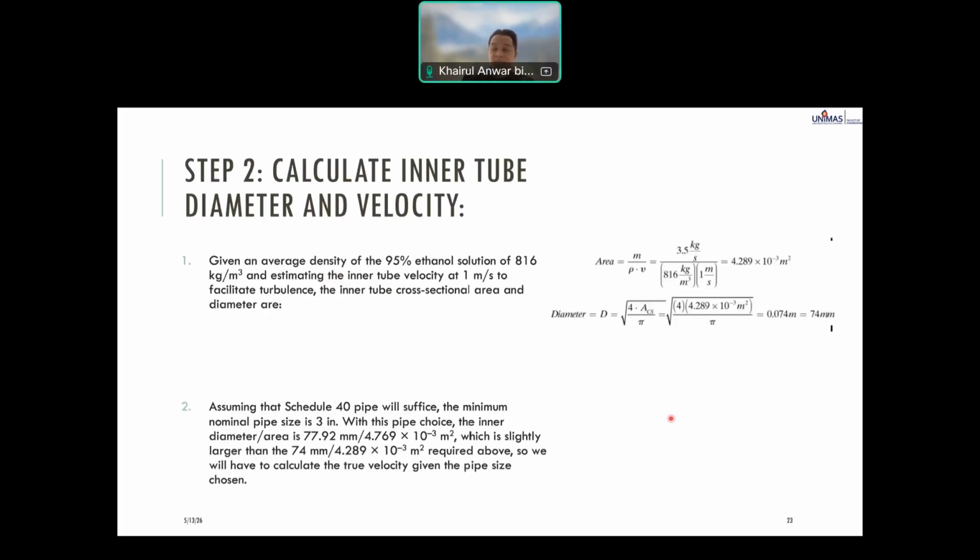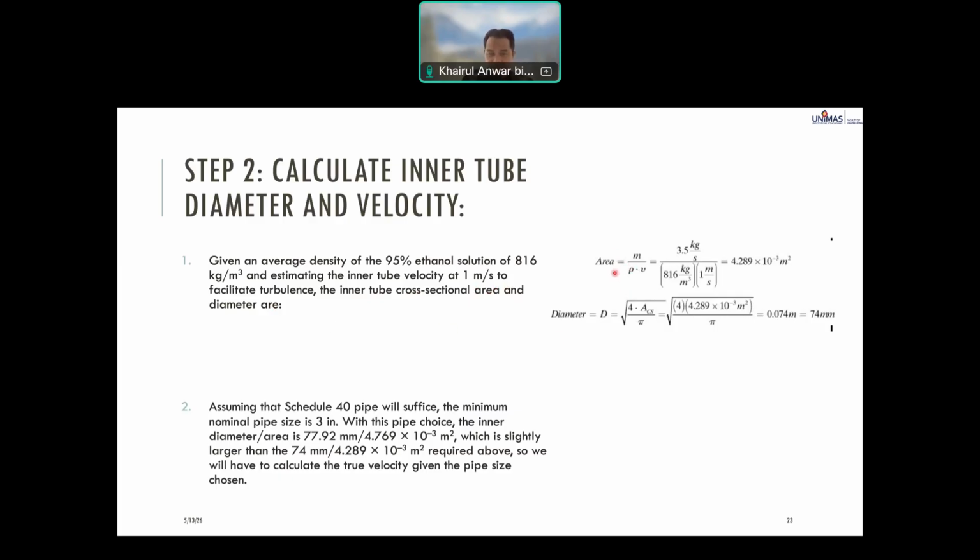Step 2, there are seven steps overall. Calculate inner tube diameter and velocity. Given an average density of the 95% ethanol solution of 816 kg per meter cubed, estimating the inner tube velocity at 1 meter per second to facilitate turbulence, the inner tube cross-sectional area and diameter are obtained using this equation.